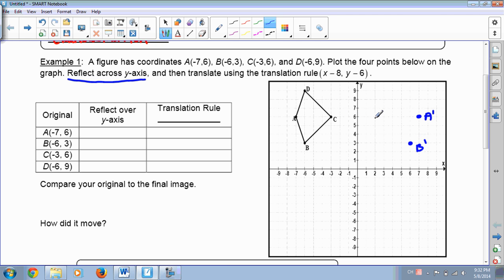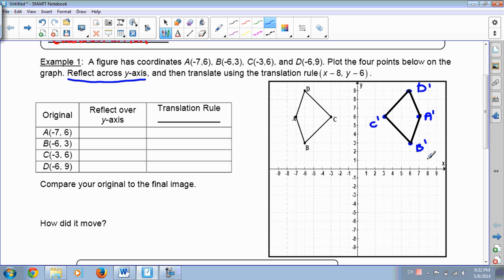So now we're 3 units to the right. C prime. And D is 6 units to the left. So 6 units to the right. Okay, so I'm going to go ahead and connect our new shape. It's the same shape, it's just been reflected across the y-axis. And we're going to write our new locations right here.